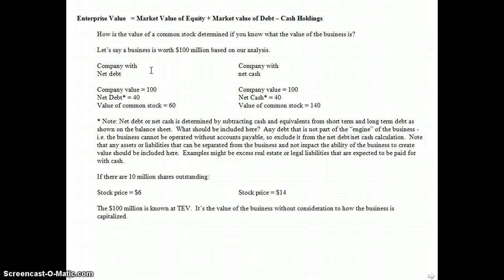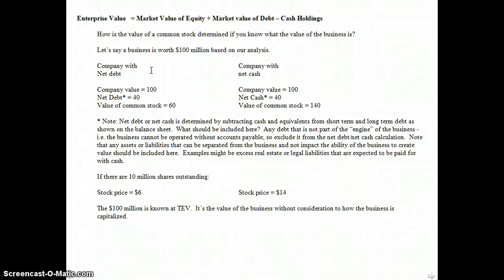So in this case, the fair market value for the common stock, all the stock out there, would be the value of the company plus the value of the cash. Right? You're adding up all the assets. So it would be $140 million. And if in this case as well, there are 10 million shares outstanding, you would have a stock price of $14. And the company value is the number that's known as enterprise value or total enterprise value.